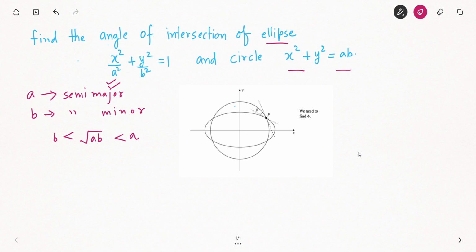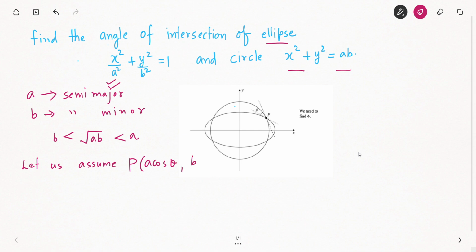Let us say the point of intersection is P and it lies in the first quadrant, and let us assume point P to be A cos theta and B sin theta.